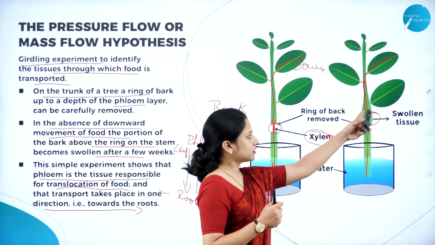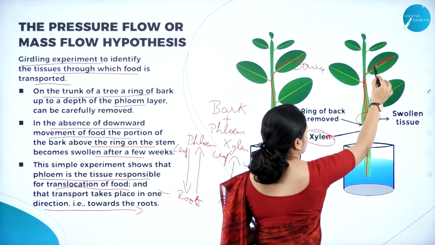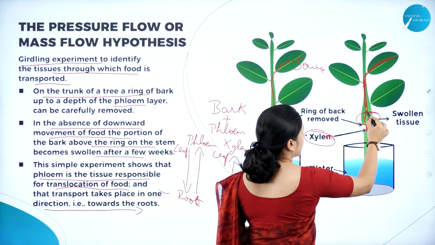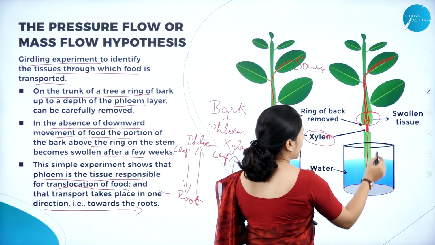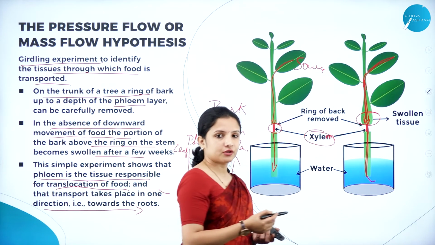So by swelling, it was understood that phloem was able to transport the food from the source to the sink, and that food could not travel from the sink to the source.